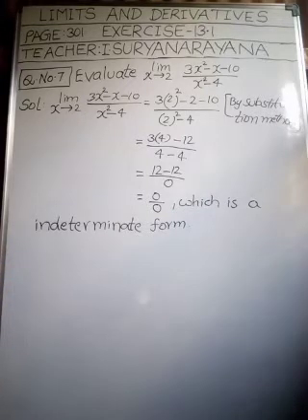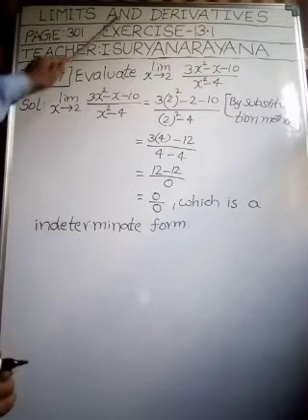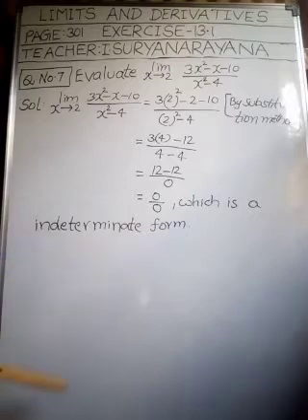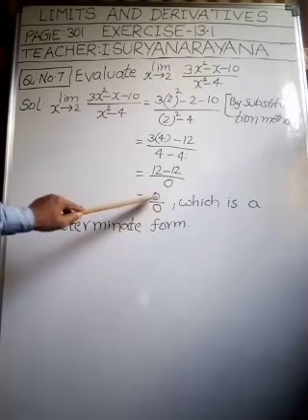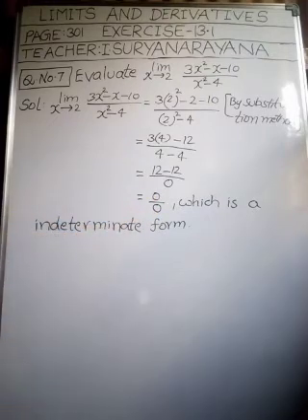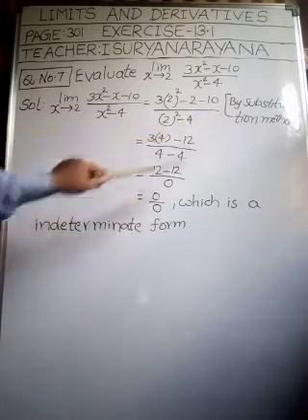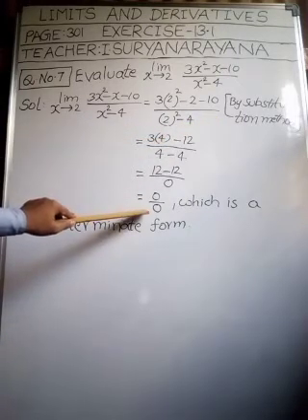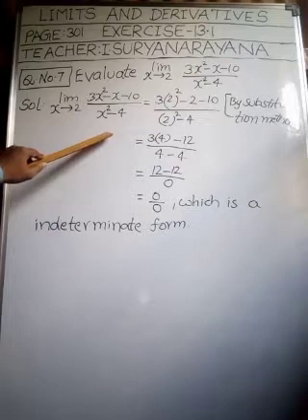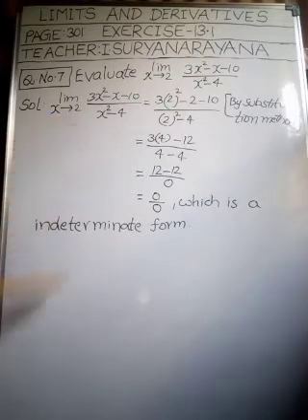When we were discussing the concepts of this exercise 13.1, we discussed indeterminate forms. Out of the 7, this is the first indeterminate form, 0 by 0. Do you remember that point, my children? Right. So here the substitution method failed. So we follow some other method to evaluate the limit of this function as x tends to 2.